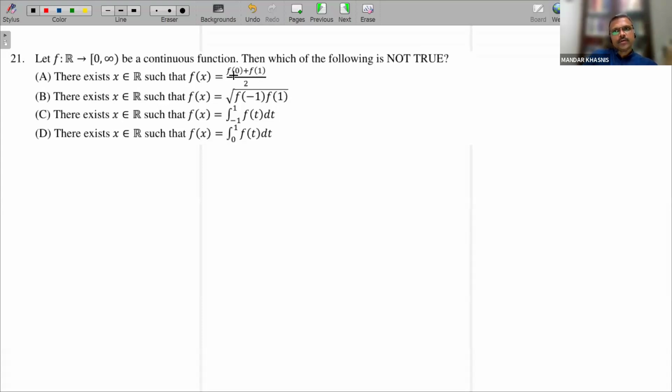You get it? Then same thing, this is the geometric mean of f(-1) and f(1). So it is going to lie between f(-1) and f(1), so it will be attained. So this is also true. A is true. We are searching for something which is not true. So A is true, B is also true.